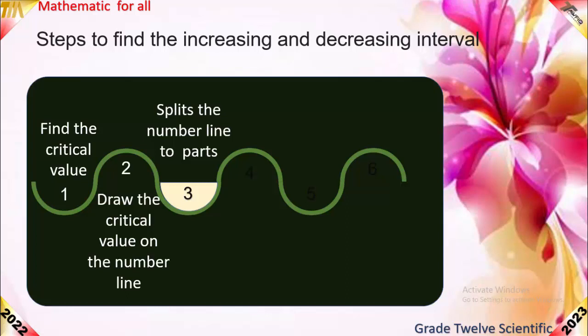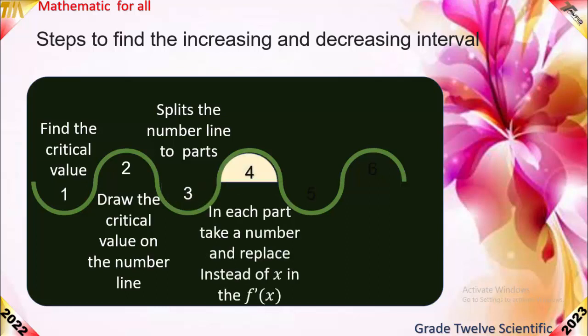If you have 3 critical points, then the number line is 4 parts. In each part, take a number and replace it instead of x in f prime of x. That means take a number in each part and replace it in the derivative.